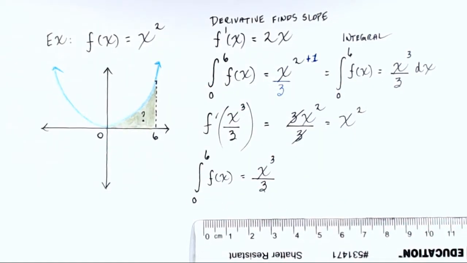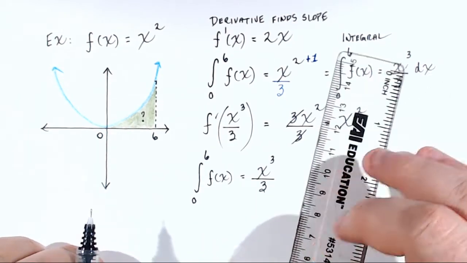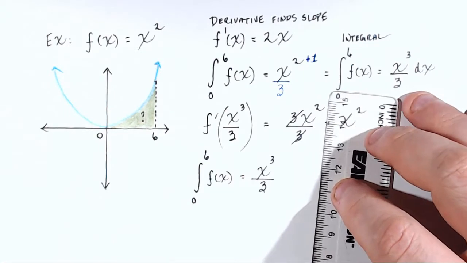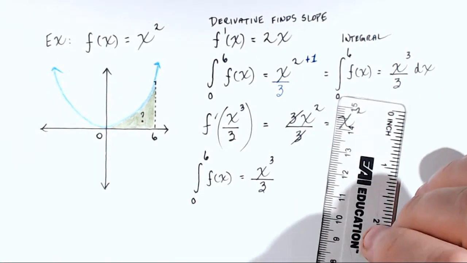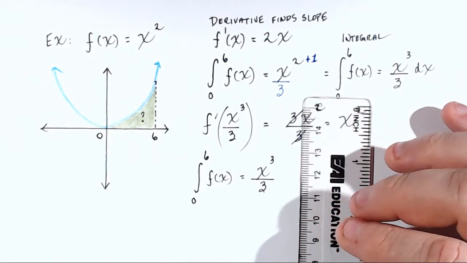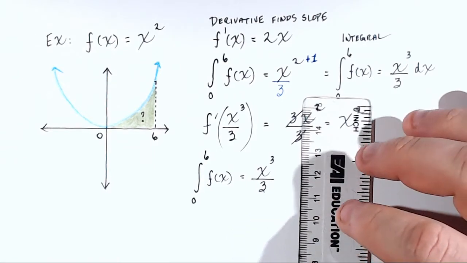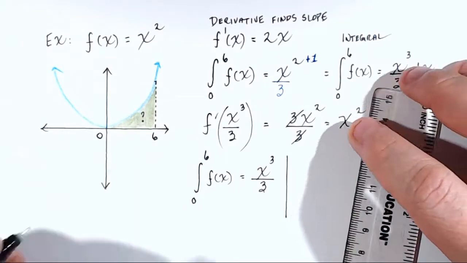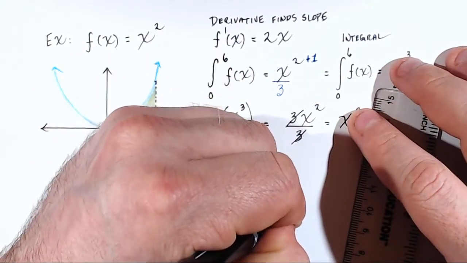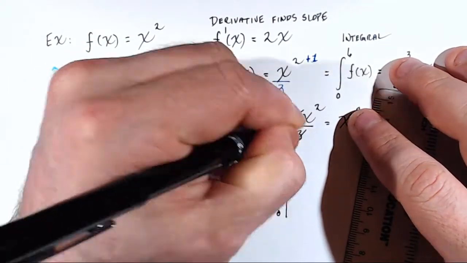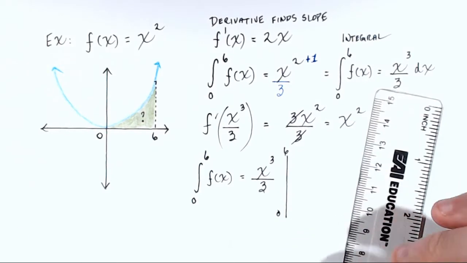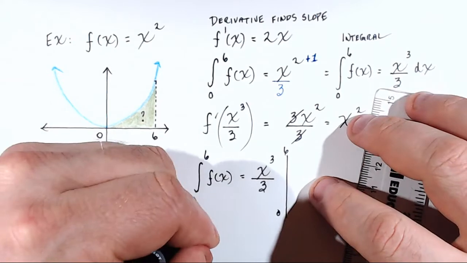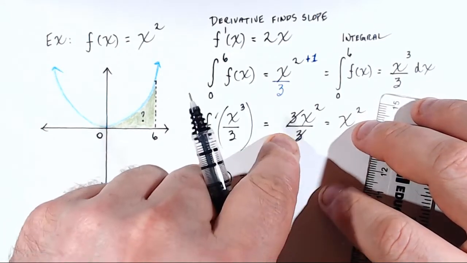And then I can evaluate that integral from 0 to 6. Okay? The way I would do that is you draw this little bar here and you put a 0 and a 6. And what you're going to do is find these two values.